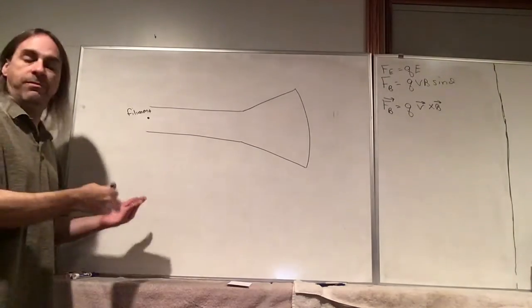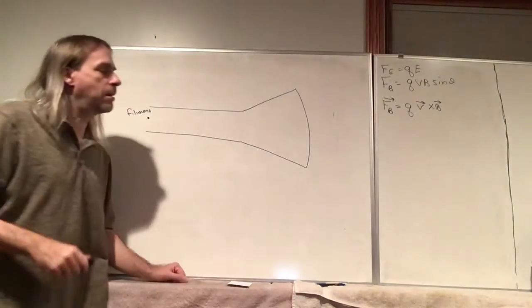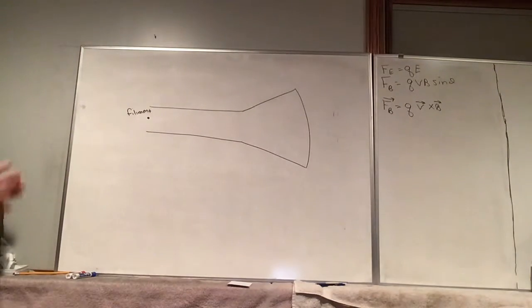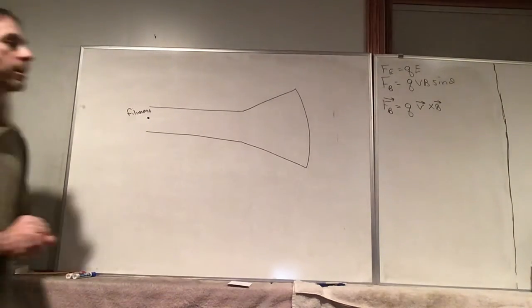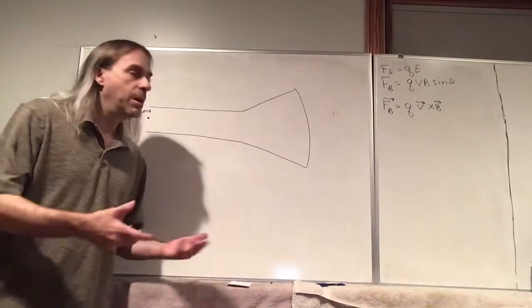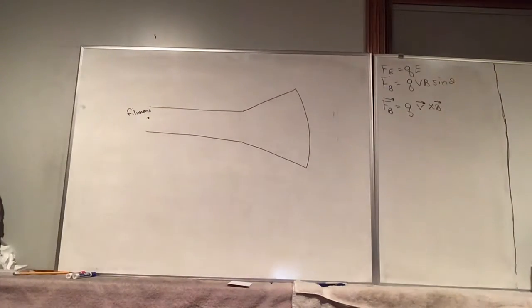They were still debating the existence of atoms in the early 1900s. But they didn't really know what they were, and this was a major discovery, the discovery of the electron. So atoms generally are electrically neutral, but now we know that they're made out of positive and negative charges.